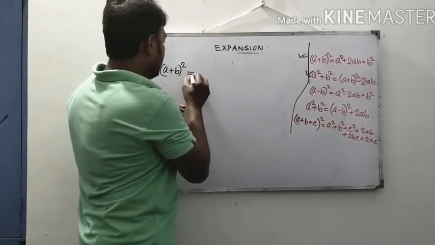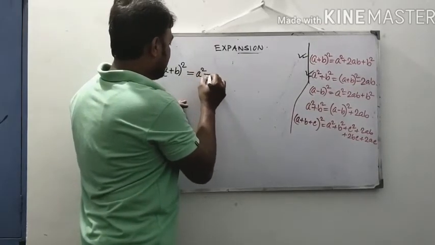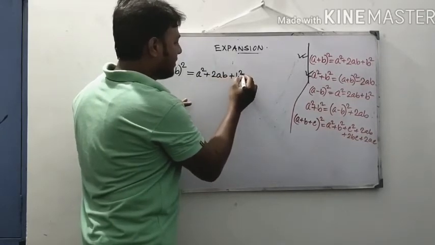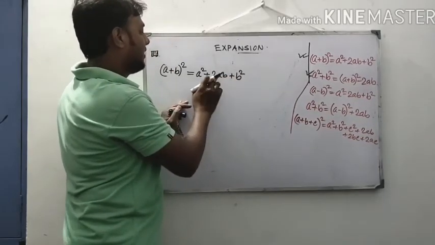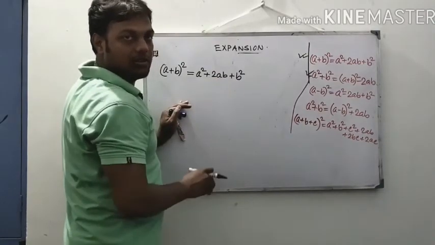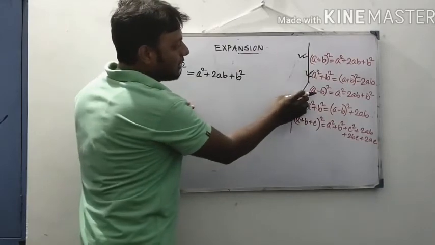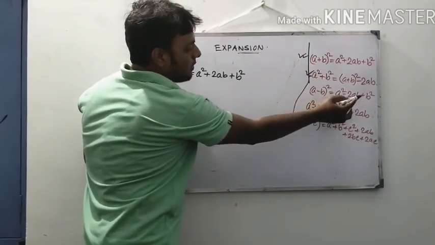See, (a + b)² = a² + 2ab + b². We know this result. Now we have to make here a - b. To make a - b, we know that (a - b)² = a² - 2ab + b².